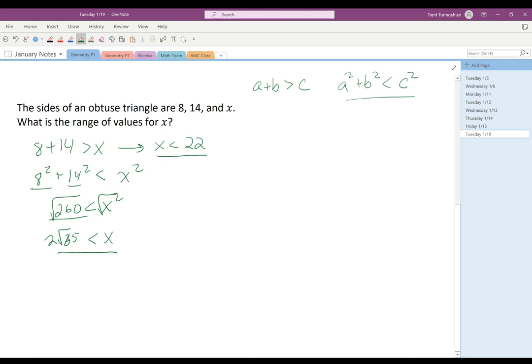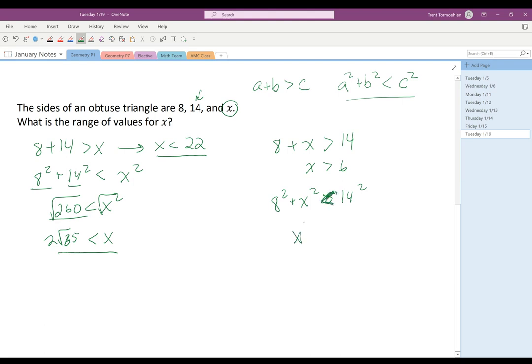Then we do the exact same thing, but when x is not the longest side. So 14 is the longest side. So 8 plus x has to be greater than 14. So x has to be greater than 6. And at the same time, 8 squared plus x squared has to be less than 14 squared, because it's obtuse.